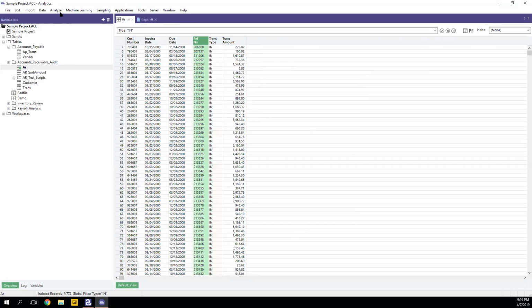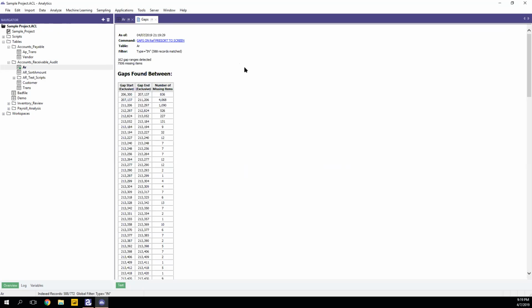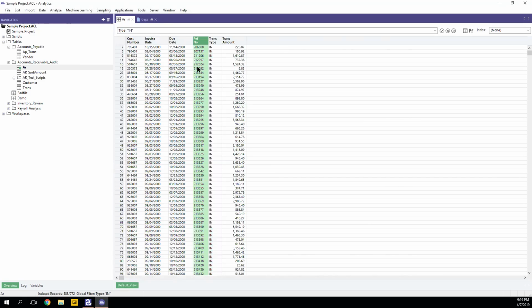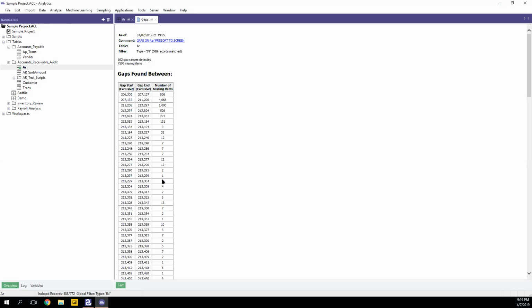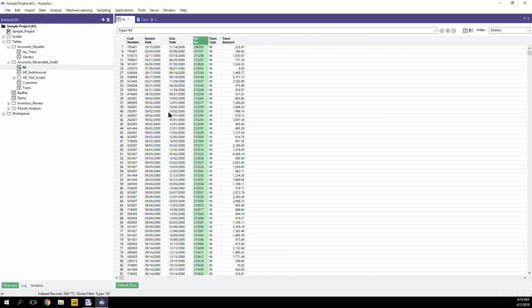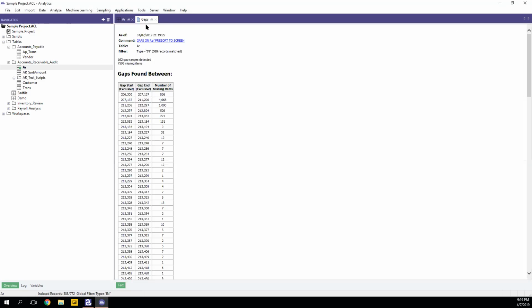Okay, let's try running a gap sequence on that. Okay, so 206,300 to 207,137, I have a gap. In fact, I have a load of gaps. There's some there that run together. So if I take a look at my system down here, that was down in 213,317.